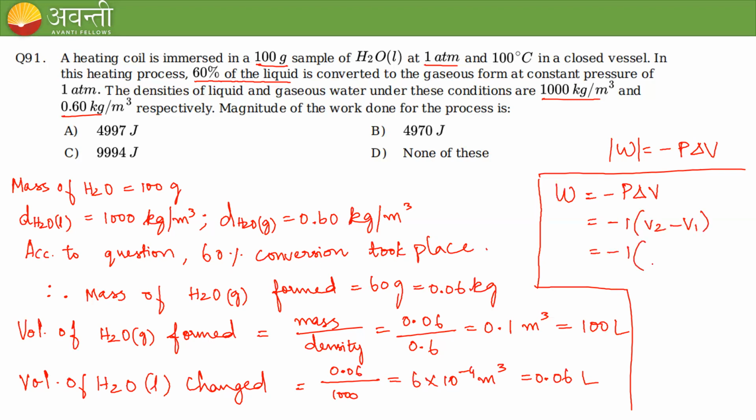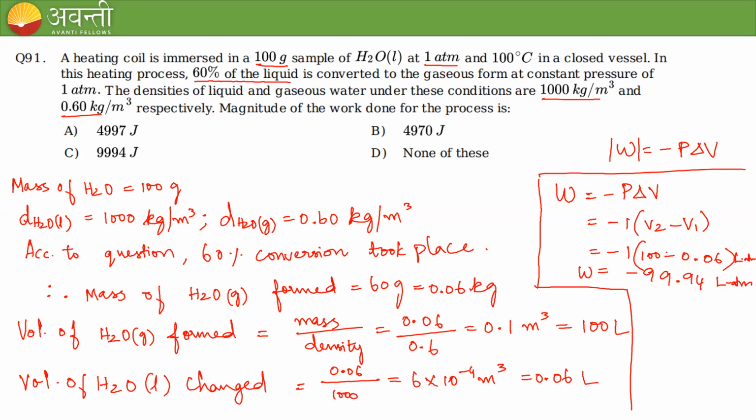So it will be 100, the volume of the H2O formed in gaseous state, minus 0.06, the volume of the one which has reacted, in terms of liter atmosphere. If we calculate this, we get minus 99.94 liter atmosphere as the W value.